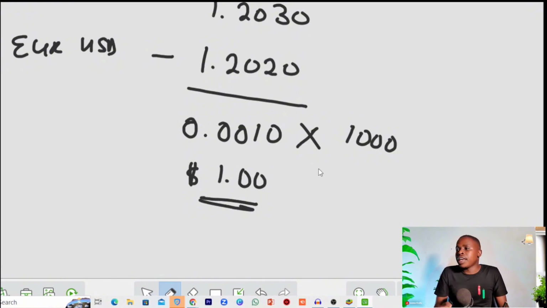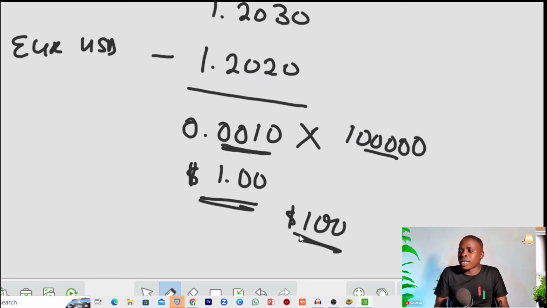If I use the mini lot, which is 10,000 here, I was going to get $10. And if I use 100,000, I was going to get $100. Why? Because if you multiply this by 100,000, you are going to get 100, and that is going to be in dollars. Basically, this is how you calculate your profits and losses.